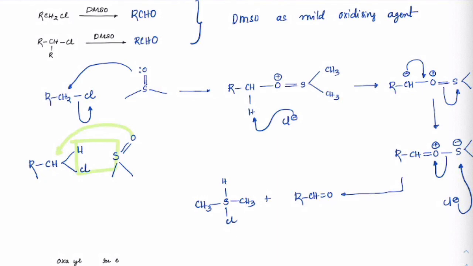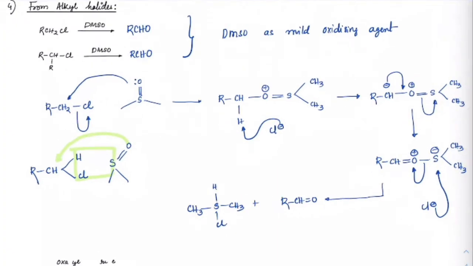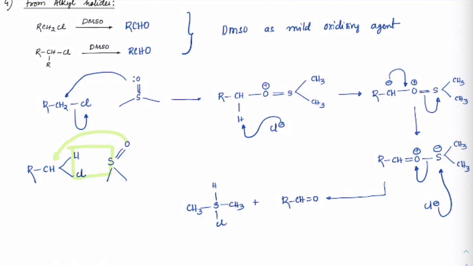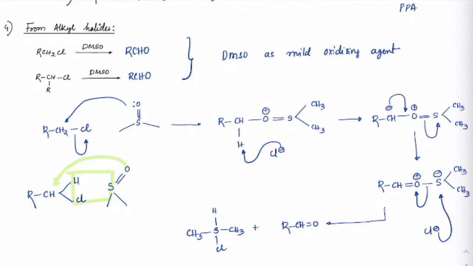So HCl is left with sulfur and oxygen got joined there. So that's how we will get this as an aldehyde or ketone. So it happens at primary and secondary. Tertiary not so much, because the first step, as you can see, is an SN2 mechanism. So primary and secondary alkyl halides can undergo oxidation to give aldehydes or ketones.